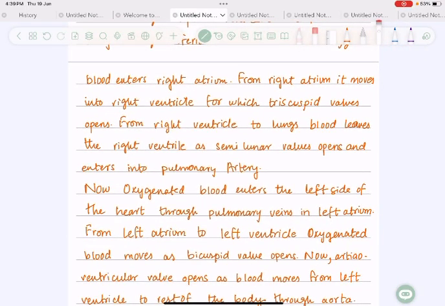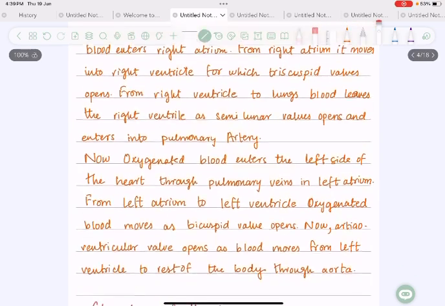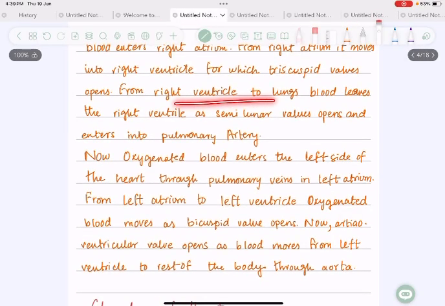From the right atrium the blood goes to the right ventricle, and for this the tricuspid valves open. These are 3 flap valves. They look like this. From the right ventricle, the blood goes to the lungs. For this, the semilunar valves open and the blood leaves the heart through the pulmonary artery.